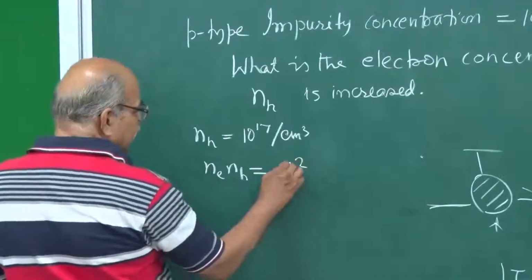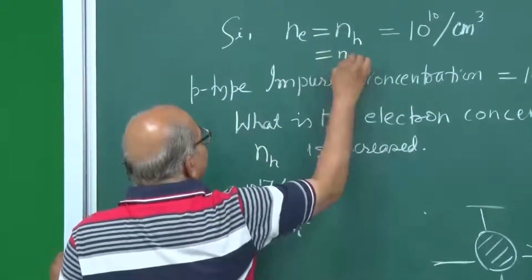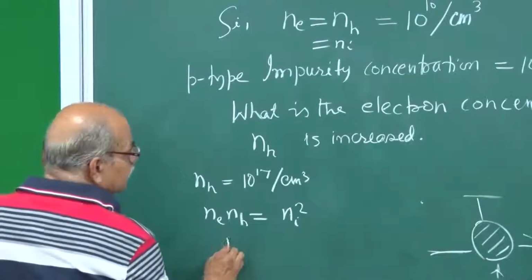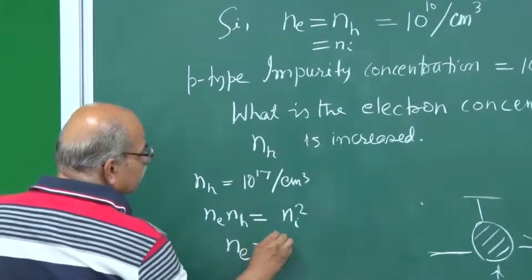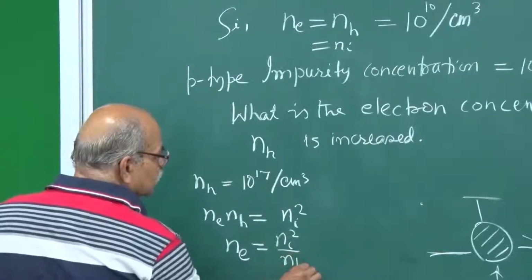This thing is Ni, and therefore Ne is equal to Ni square divided by Nh.